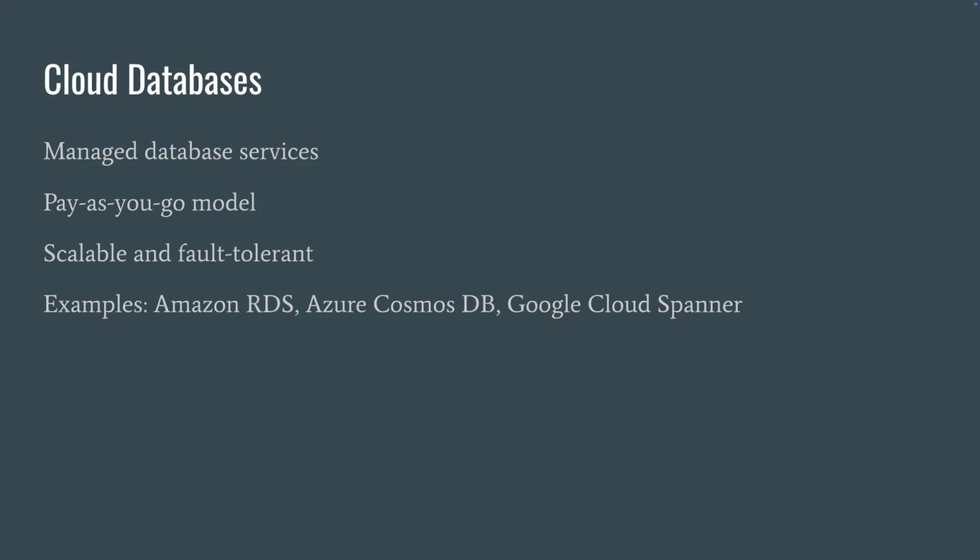And Google Cloud Spanner, which we briefly talked about when we talked about NewSQL, is a globally distributed relational database. Using these services can significantly reduce operational overhead. If you're in a company with small development teams, it really makes it easier for development teams to focus on their application logic instead of managing infrastructure.